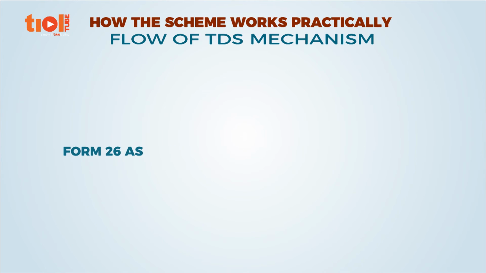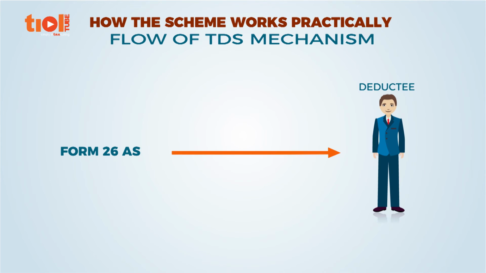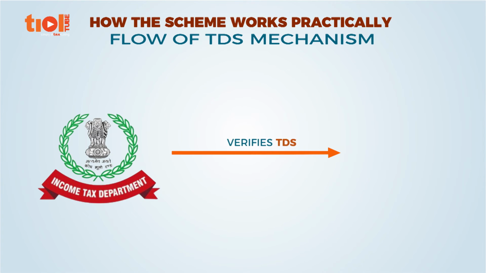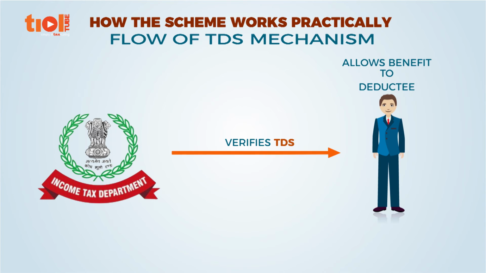Step 4. With the help of the easily accessible Form 26AS, the deductee could claim TDS benefit in his annual return filing. Step 5. After verification, the department may allow the claim of TDS benefit, and balance tax, if any, has to be paid by the deductee or the return filer at the time of filing.